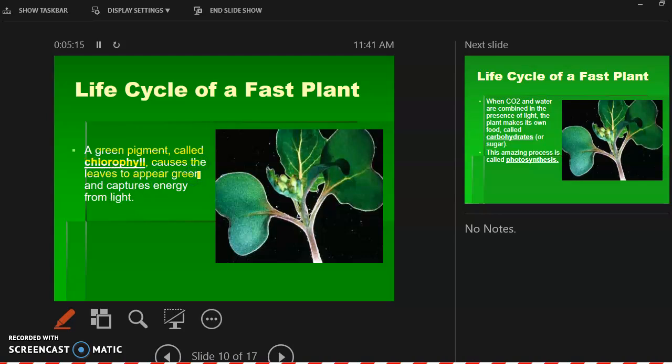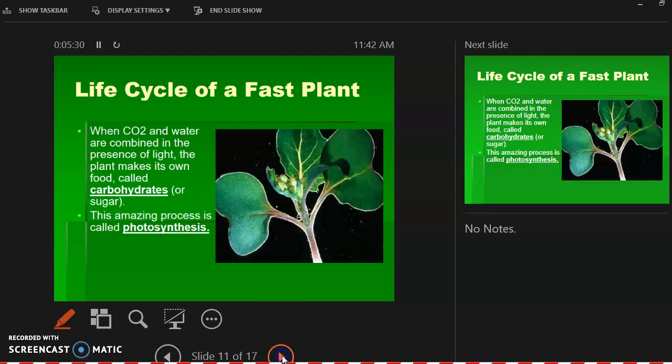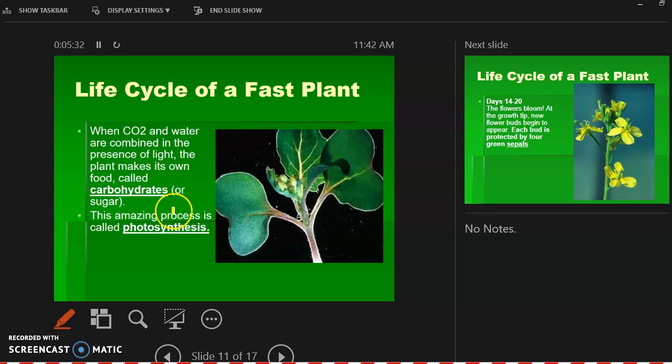And again, you can just write this under 5 to 13 days. You will start to see that the plant will turn a darker green because of the chlorophyll. It's going to capture that energy from the light. When CO2 and water are combined in the presence of light, the plant is going to make its own food called carbohydrates.